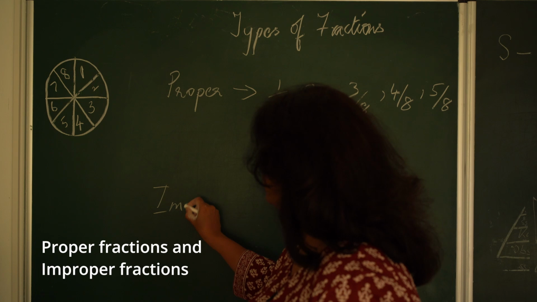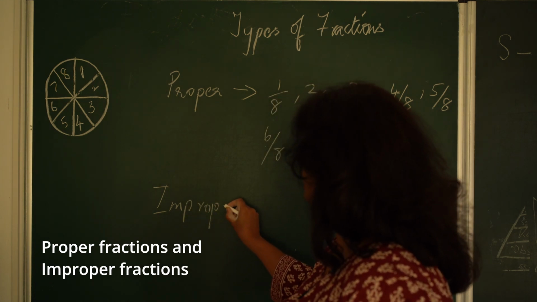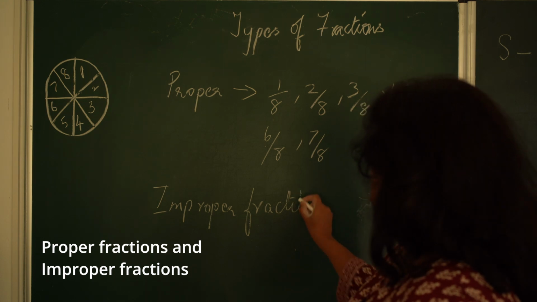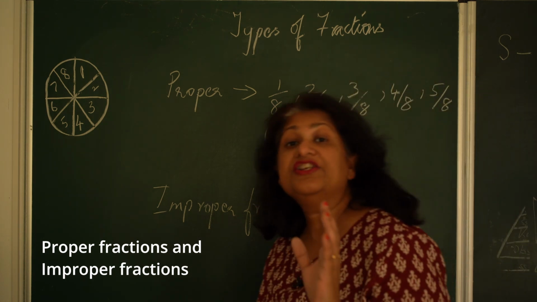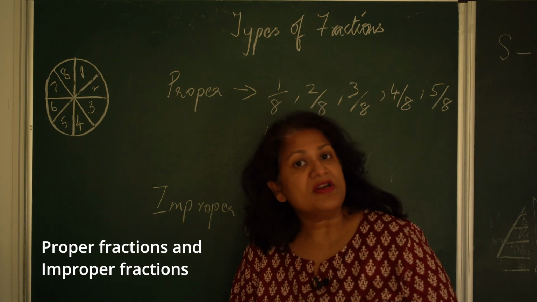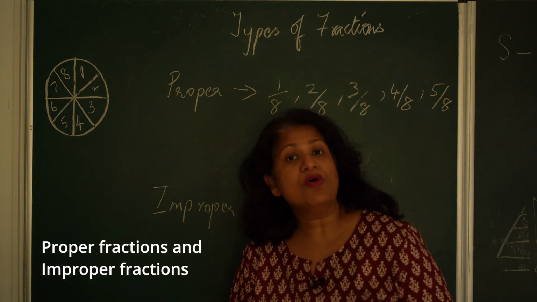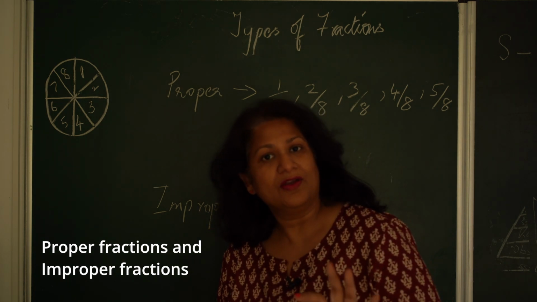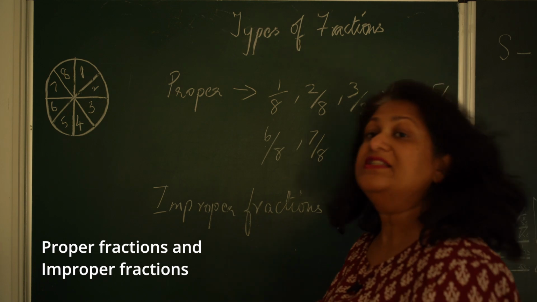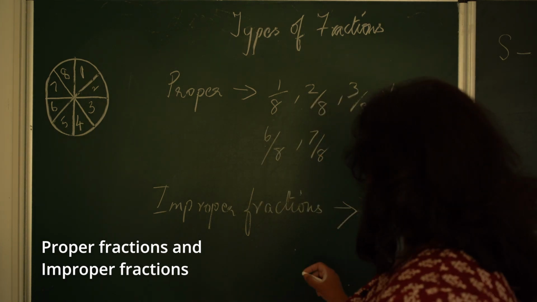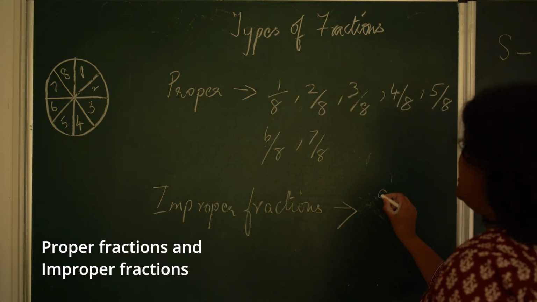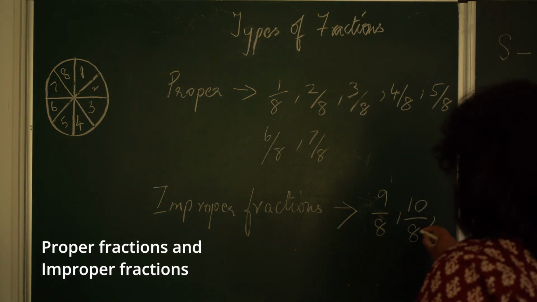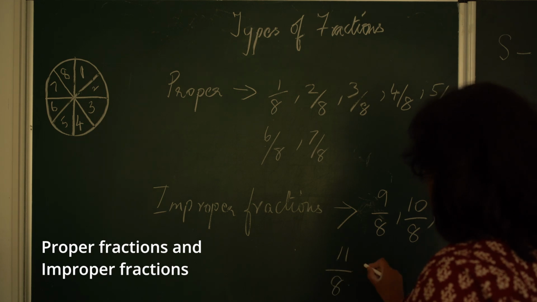Improper. With improper fractions, the condition is that the numerator is more than the denominator. So you will have, let's say, the same denominator being 8. For example, 9 by 8, 10 by 8, 11 by 8, and so on.